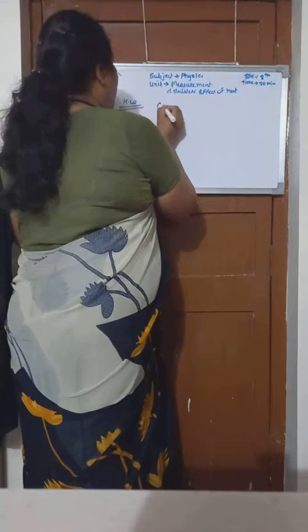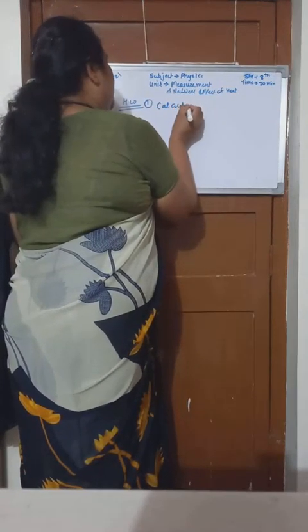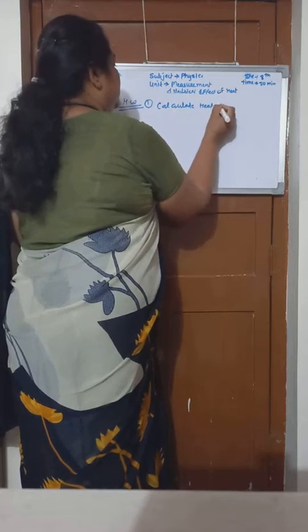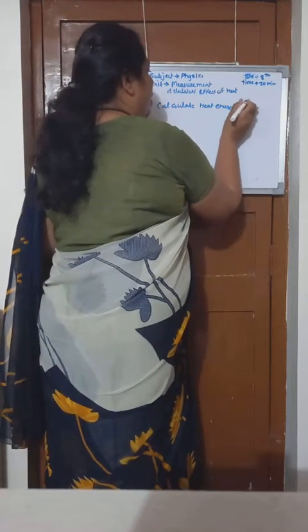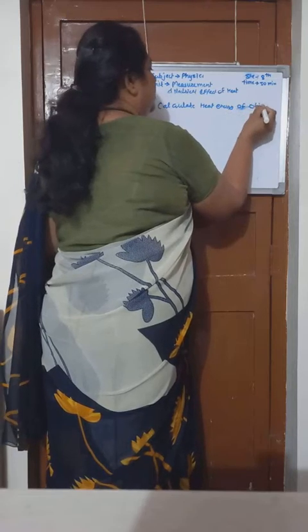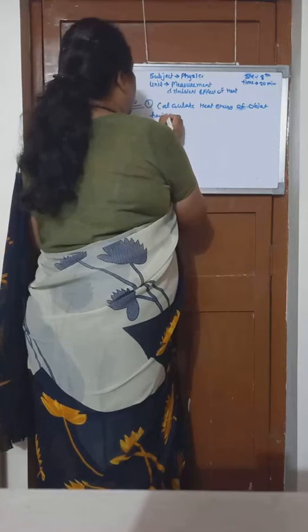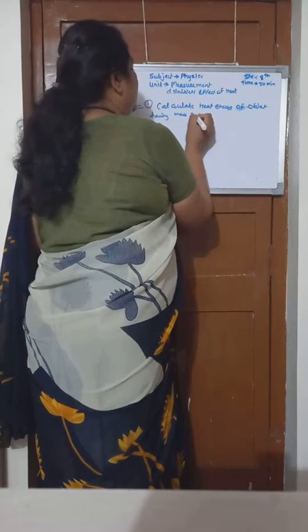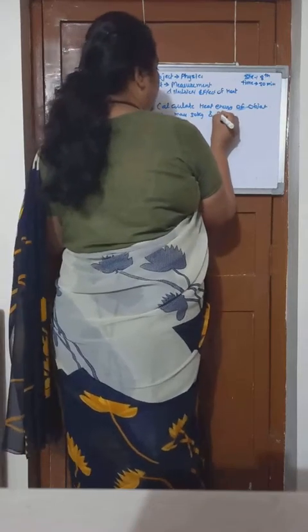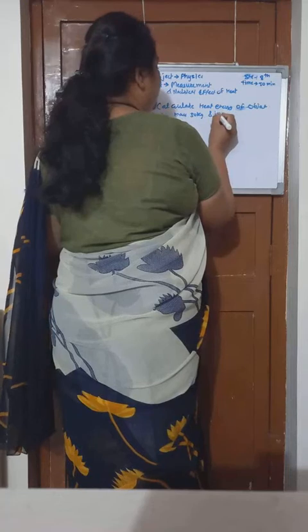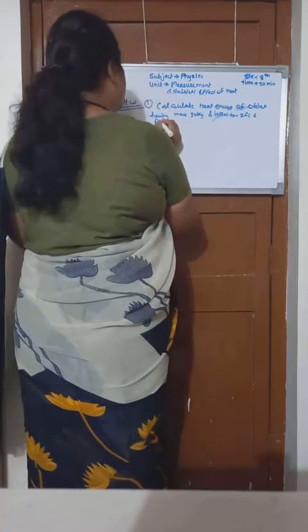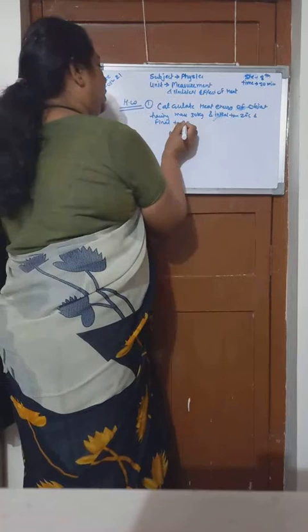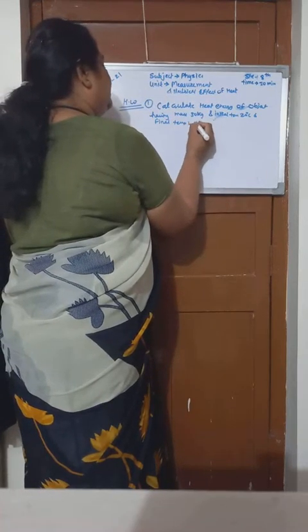Then we have to take homework. I am giving you homework. This is one: calculate heat energy of an object having mass 30 kg, with initial temperature 20 degree centigrade and final temperature 40 degree centigrade.